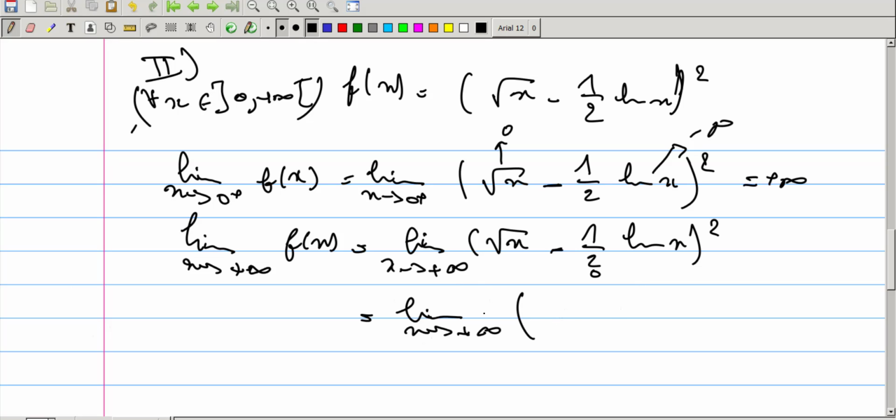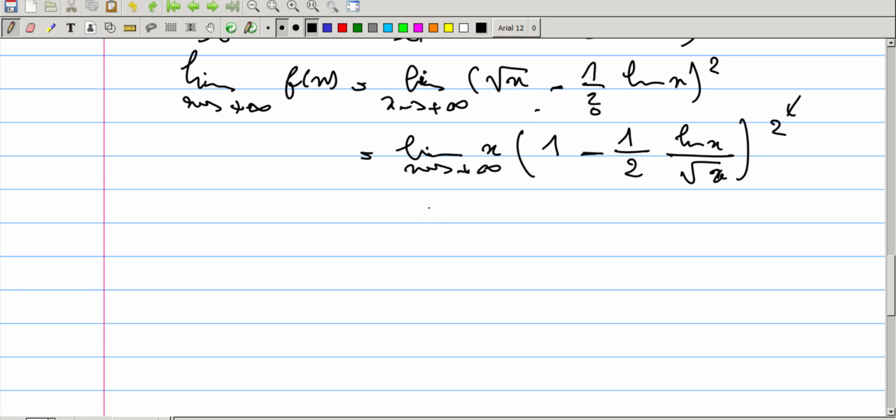If we factorize with x, we will still have here 1 minus 1 over 2 of ln x. How did I do that? We have here a square. Let t equal the square root of x. That means that x equals t squared.